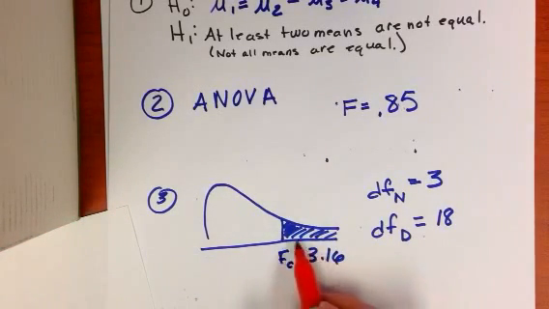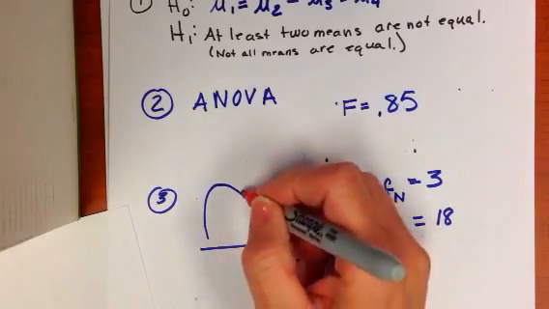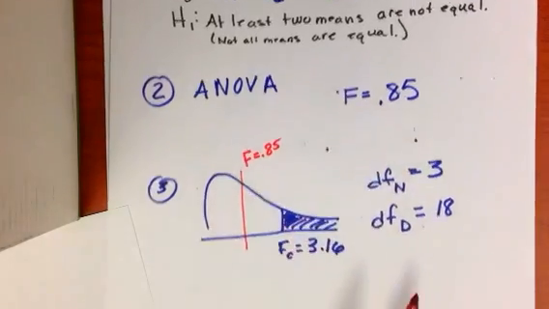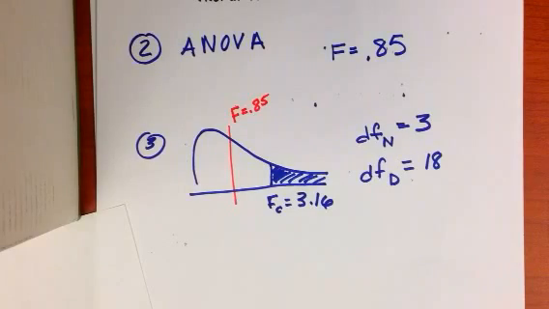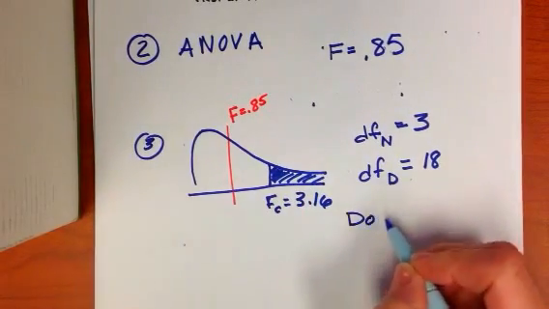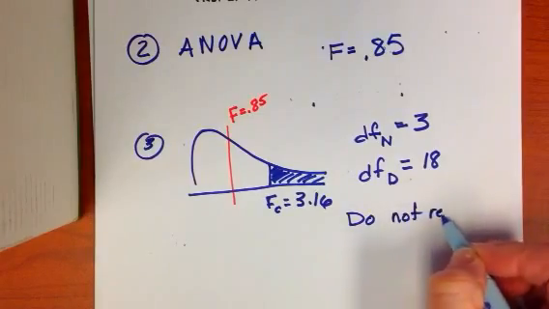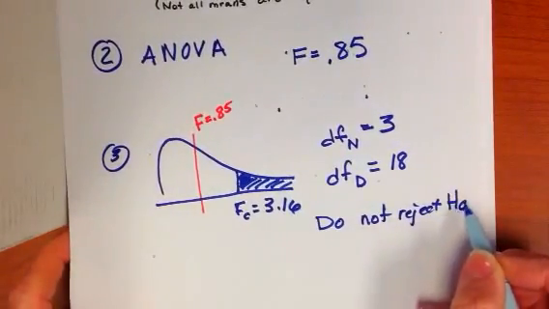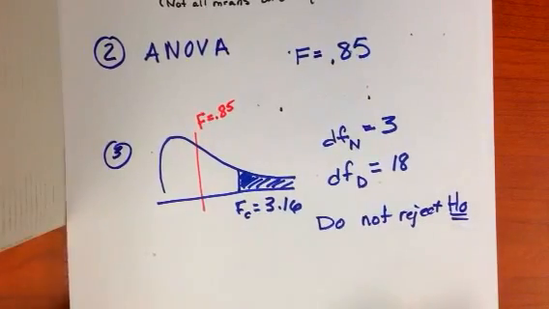Clearly it's not more than that; it's to the left. So that does not fall in my rejection region, correct? So we do not reject H naught. Don't forget to put H naught on there. Some of you have forgotten that.